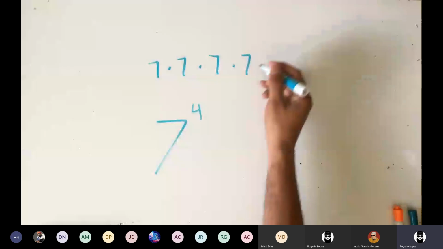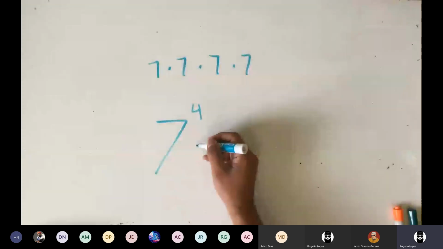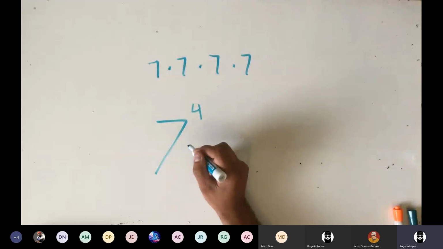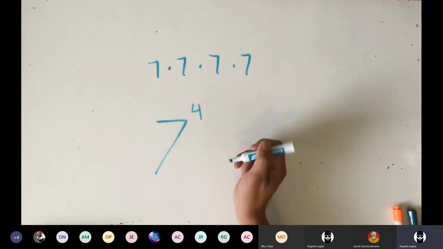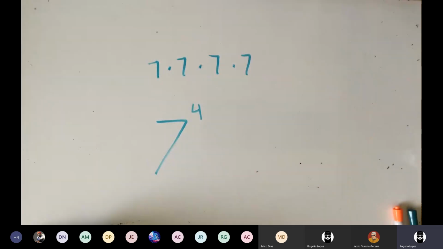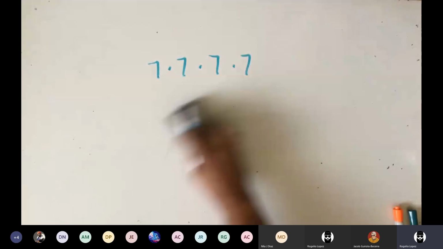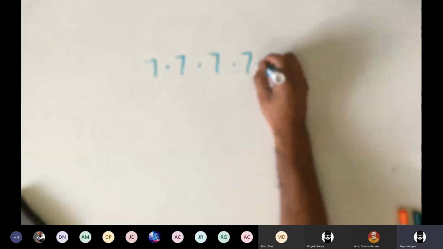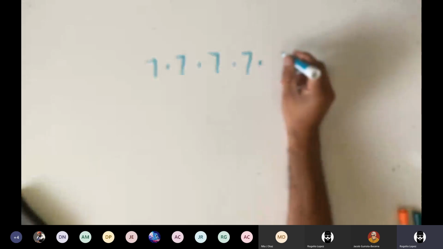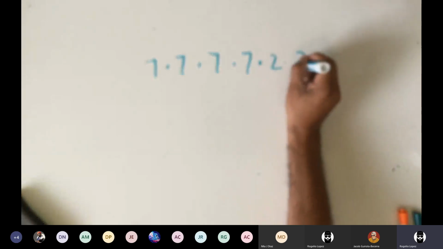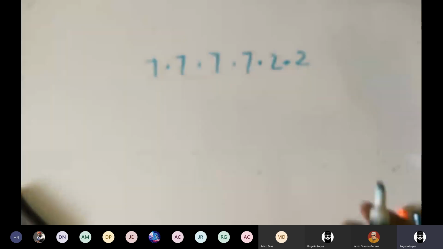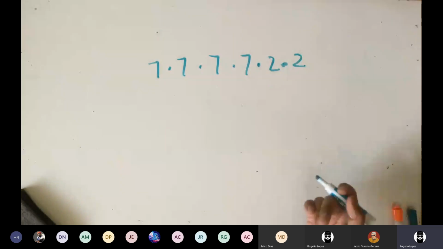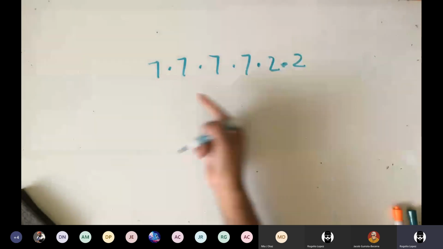So going from expanded form to exponent form is super easy. You just put your base, your factor, and you count how many there are. A lot of times you are going to have 2 different ones or various different ones. So like if I go 7 times 7 times 7 times 7 times 2 times 2, have a really long problem like that, and they want it in exponent form, it's like doing the same thing.